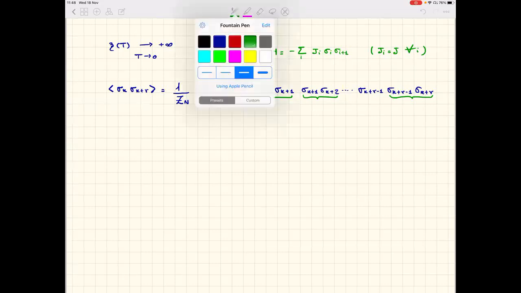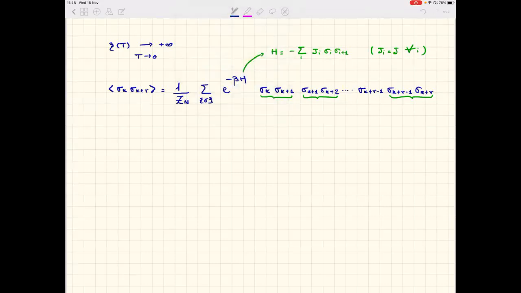And now for this model, what I have is that my partition function Z_n is going to be equal to the sum over sigma of e to the beta sum over i, J_i sigma i sigma i plus 1. And you can easily convince yourself that also in this case, you can use the recursion method to compute the partition function.